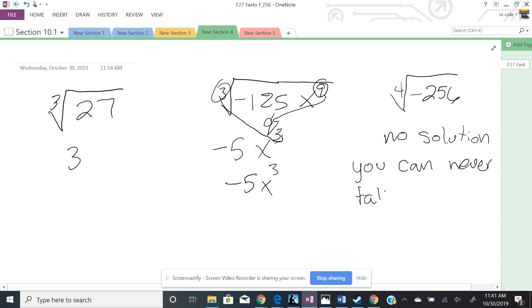take an even root of a negative number. So long as this number here is even, you can never take its root. There will never be a real solution. But if it's odd, like over here, you can come out with a solution.